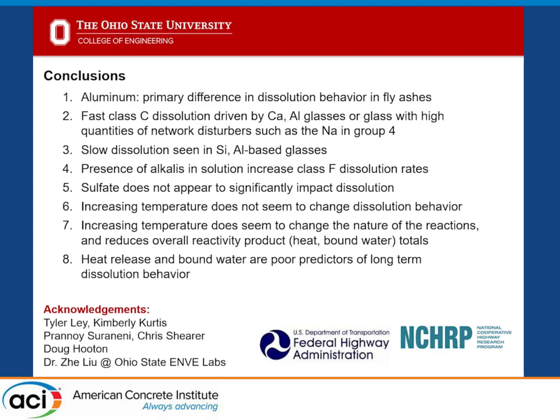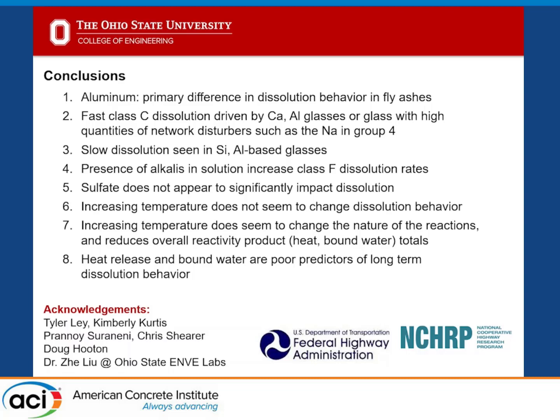So things we've learned, aluminum is the biggest difference in our materials. We see fast reaction and fast dissolution in Class C networks because of the calcium aluminate glasses and the network disturbers like sodium. We see slow reaction in silicate aluminate glasses, and increasing temperature, so the new stuff, does not seem to change our dissolution behavior. It does seem to have some effect on paste-based systems.